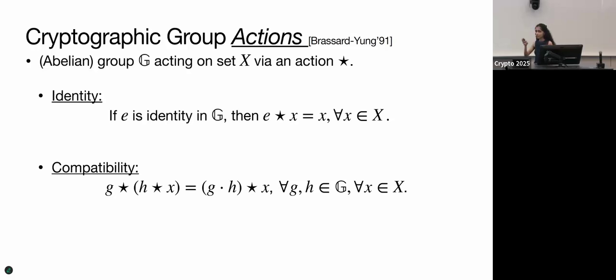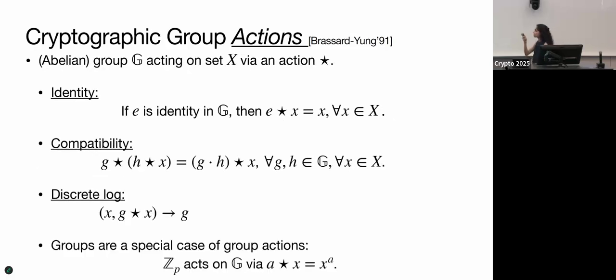You could act with the group element h on the set element x, and then act with g on the resulting set element. Or you could combine g and h using the group operation and then act on the set element. It should be the same. The analogous discrete log assumption on group actions would be: given x and g star x, find g, and this should be hard to do.